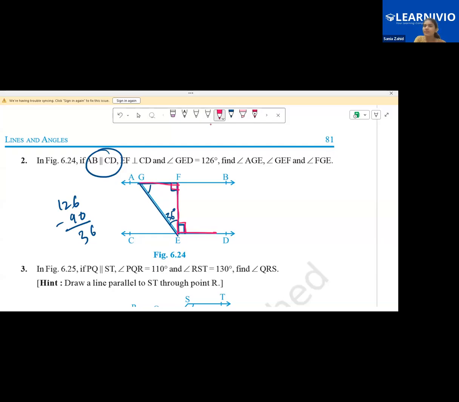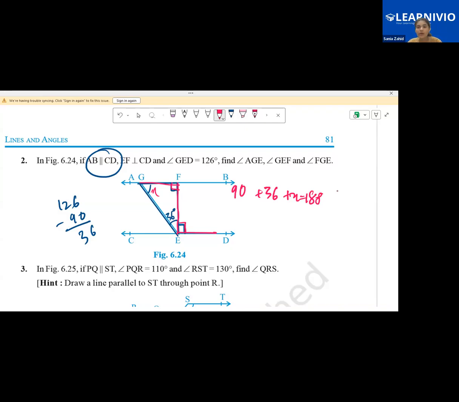And even without the Z, if it's a straight line perpendicular to the lower line, it's perpendicular to the upper line also, if they are parallel. So can I apply the angle sum property to this triangle? 90 plus 36 plus x, let's call this x, should be equal to 180 degrees. This is also a way I can approach this question.